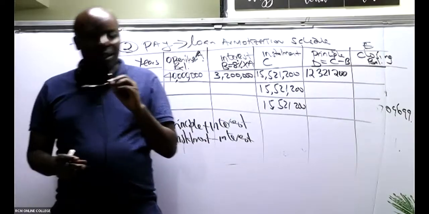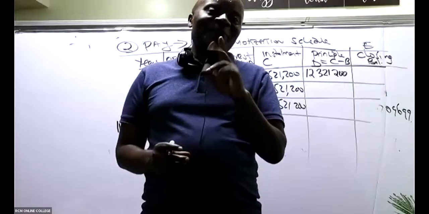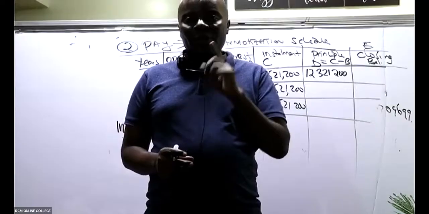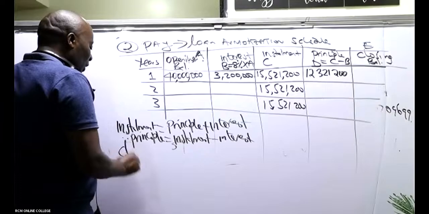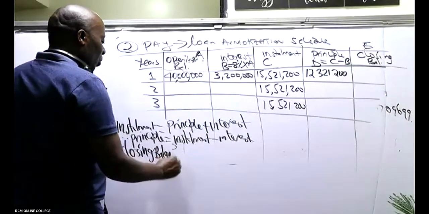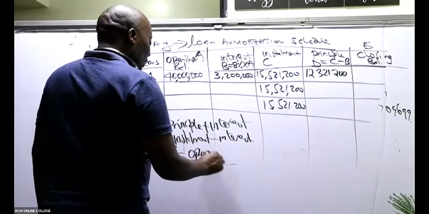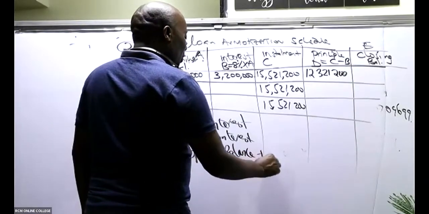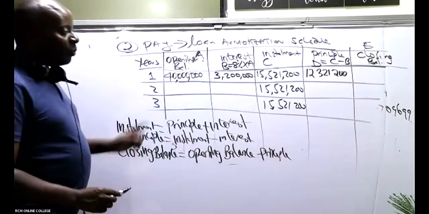Yeah, great. So in this case, remember, your balance can only be reduced by the principal payments, nothing else. So for us to get the closing balance, we shall take the opening balance minus the principal.